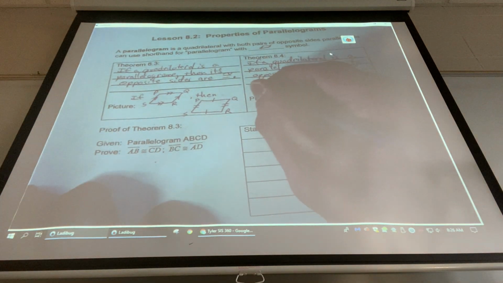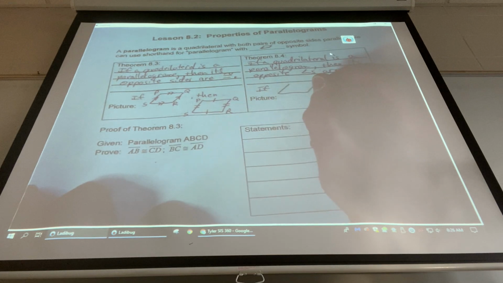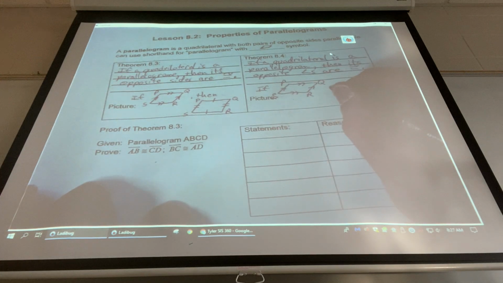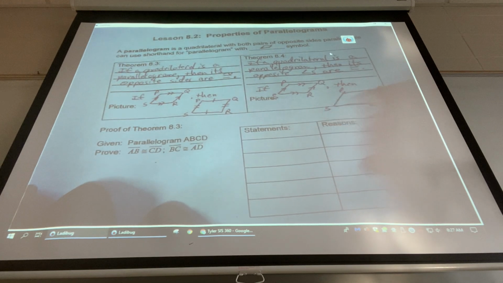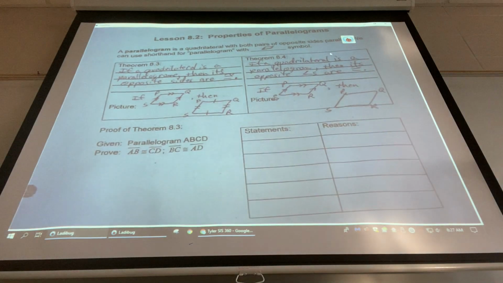So let's draw a little picture here. Let's go if, and we'll draw a little parallelogram again. P, Q, R, S. If you have a parallelogram, then redraw it. P, Q, R, S. And how do we show that angles are congruent?